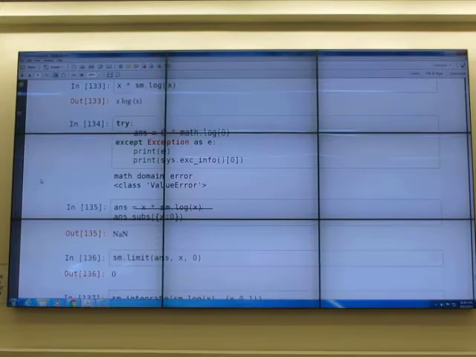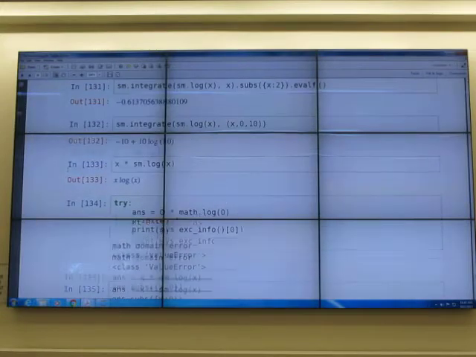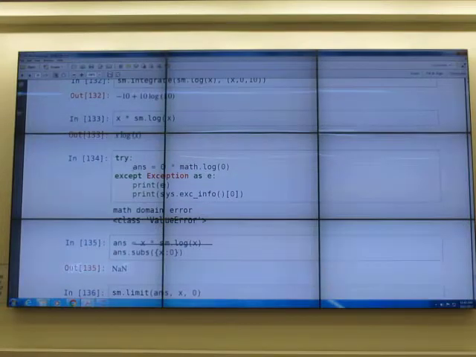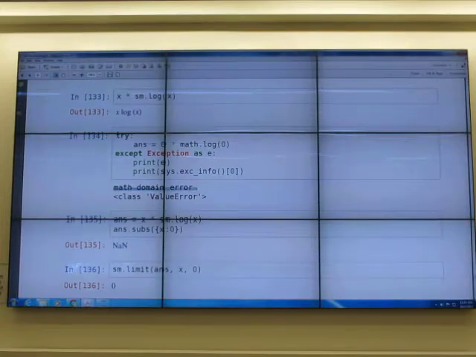Okay? Alright, let's take a look at this. I have tried, if you just use regular math, ans equals 0 multiplied by math.log 0. What do you think? Math domain error, a ValueError, cannot do.